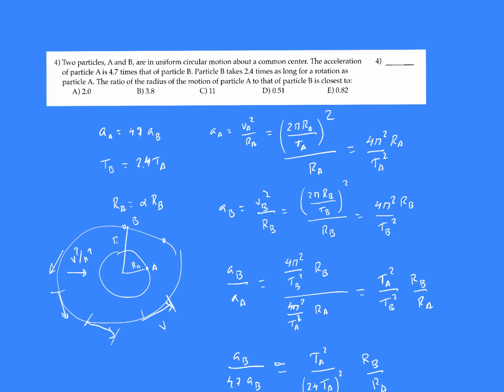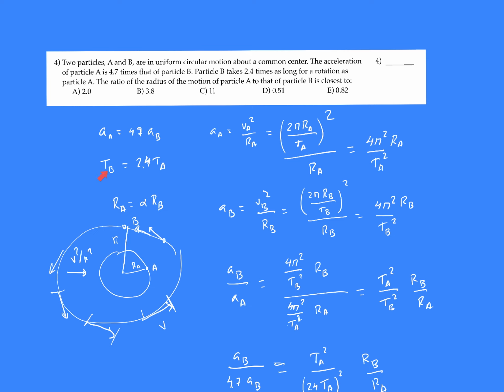Because it has to change its velocity more drastically here than here. Here it is almost rectilinear, so it has a smaller change in the velocity. But through here, the change in the velocity is more violent, so you have more acceleration in this one. So the acceleration of body A is 4.7 times the acceleration of body B.